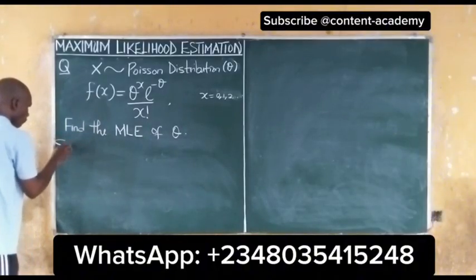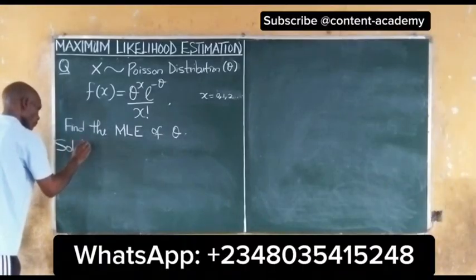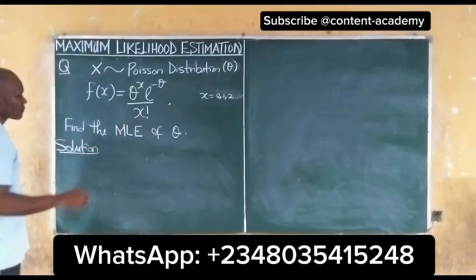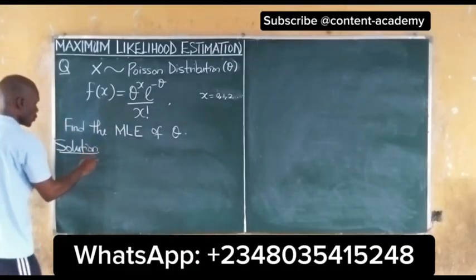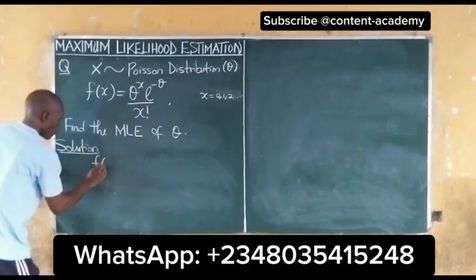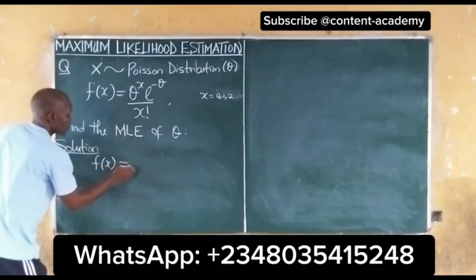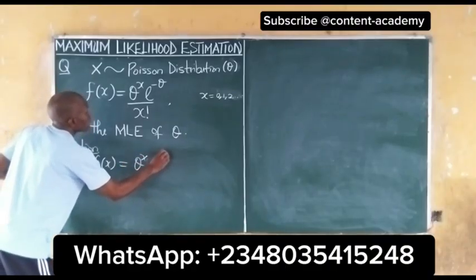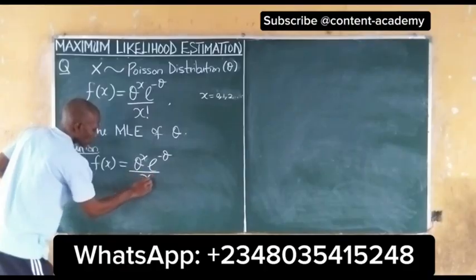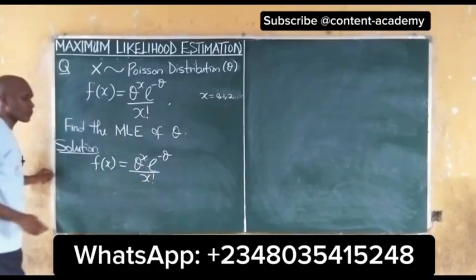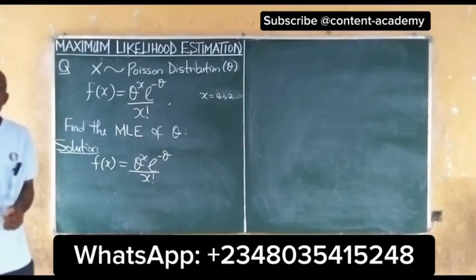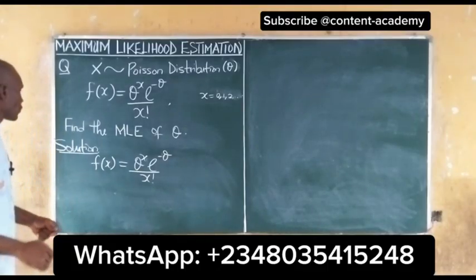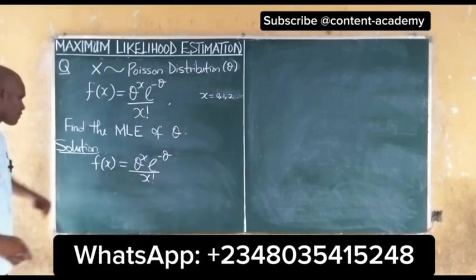Solution. Now, if we are given this as our Poisson distribution, it's very simple. The first thing to do for the maximum likelihood estimation is to take the likelihood function of the given PDF.